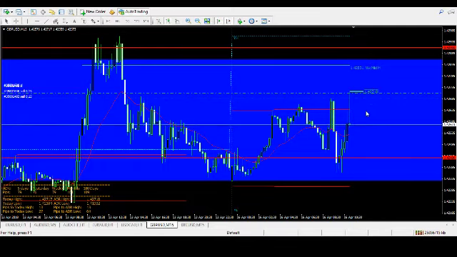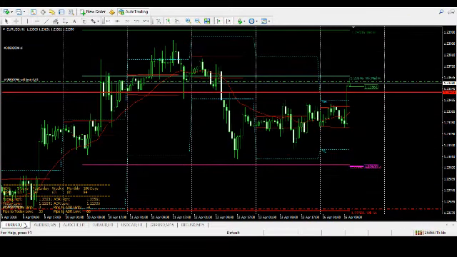Pound. There we go. It's going where we need it to, as you see. Let's pay attention to this pending order we got. Alright.